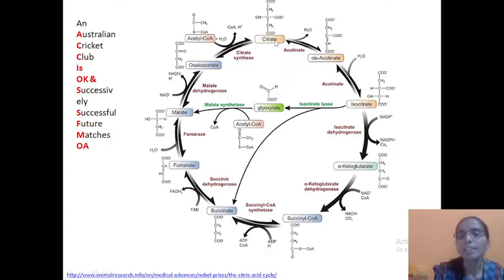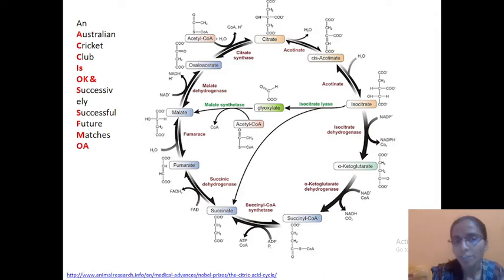This citrate is acted upon by the aconitase enzyme, and it is converted into the cis-aconitate form. This cis-aconitate, the intermediate step, gets converted into isocitrate, which is also a 6 carbon compound. Now, this isocitrate, in the presence of the isocitrate dehydrogenase enzyme, removes one carbon dioxide.